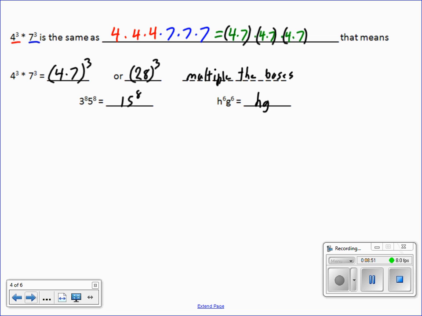H times G is HG, no space, and that is all to the 6th power. I do need to put the parentheses around here, so it's not just G to the 6th. Over here, I do not need parentheses because it's one number, 15. Here I have 2 things, an H and a G, so I do need to make sure I keep those in parentheses.